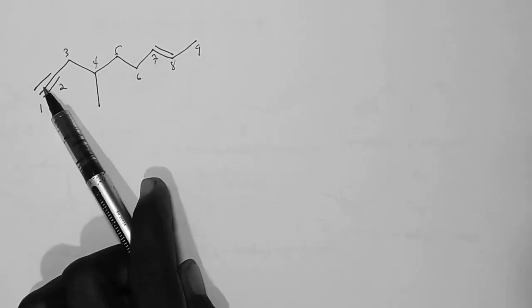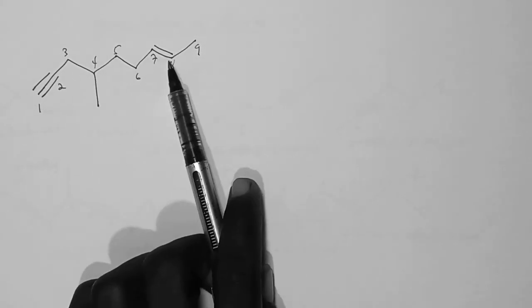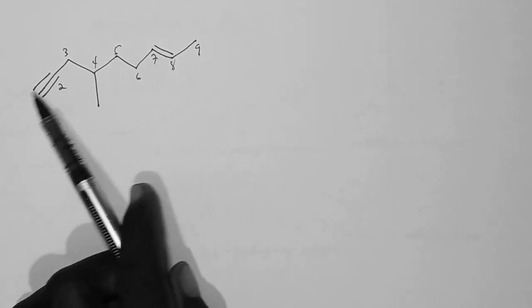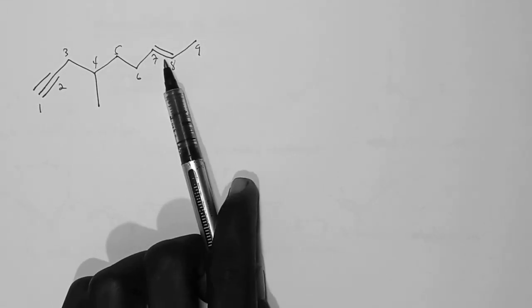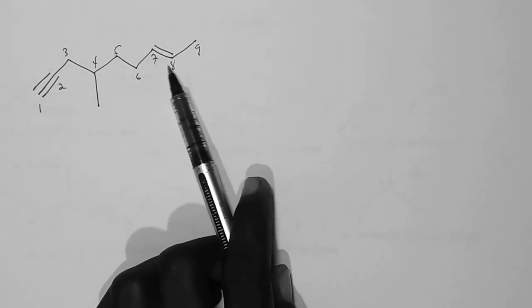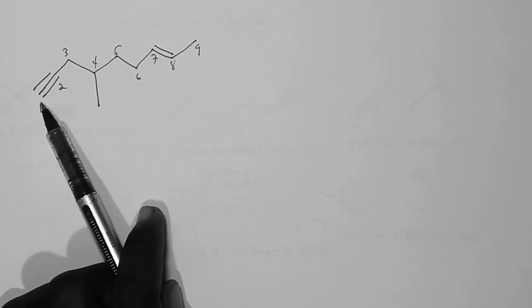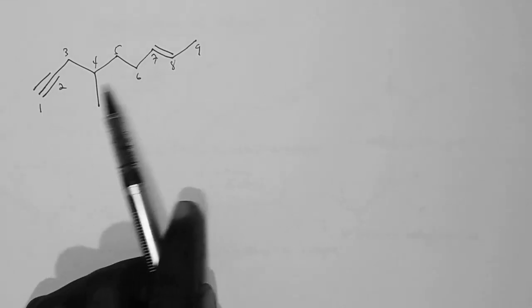The difference is that if both the alkene and alkyne are on a place where when you start you get the least number, then precedence is given to the alkene. But when the alkyne is on carbon number 1 and let's say the alkene is on carbon number 7, then precedence is given to the alkyne. So that is the difference.